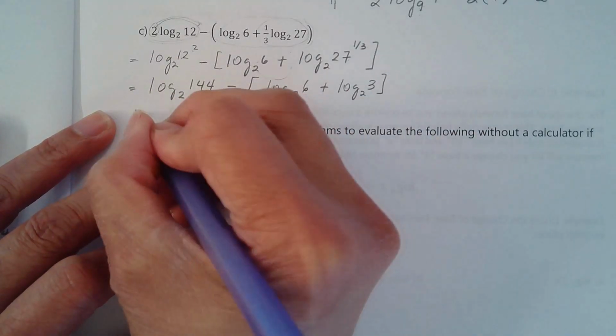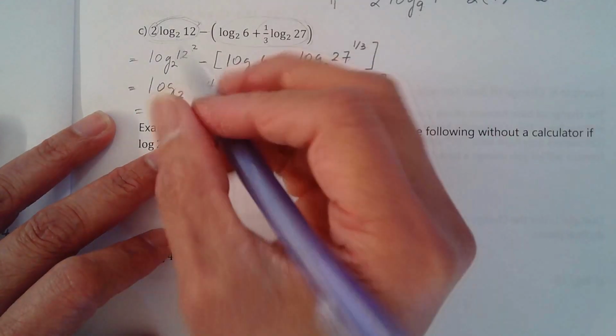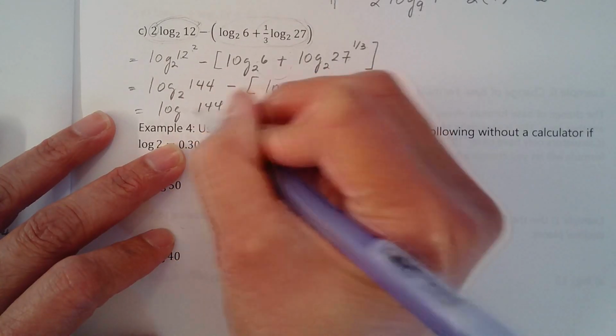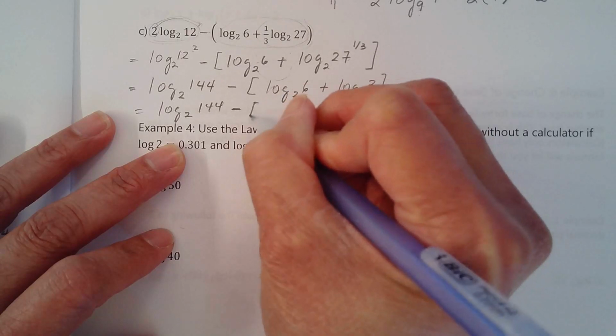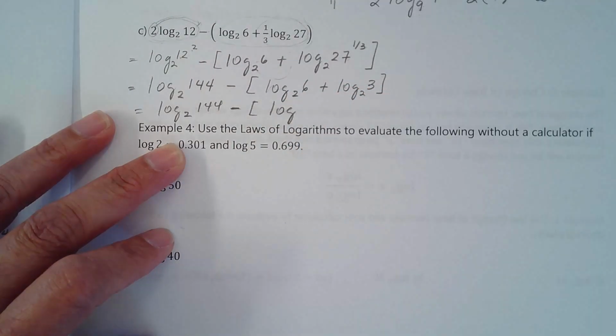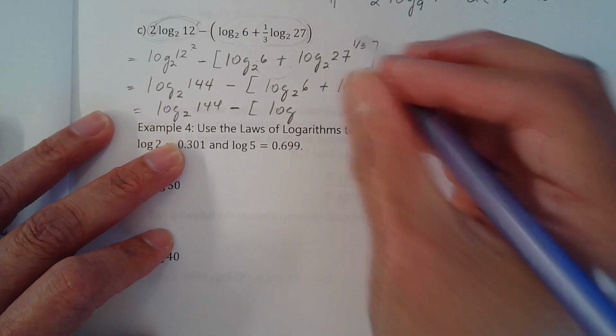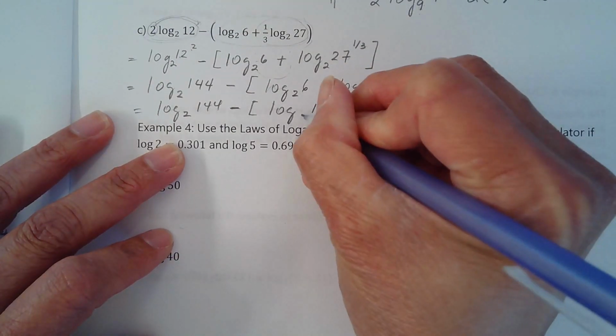Now what are we going to do here? I see that these two got added, so I can go log of 144 base 2 minus log of 6 times 3, which is 18 base 2.